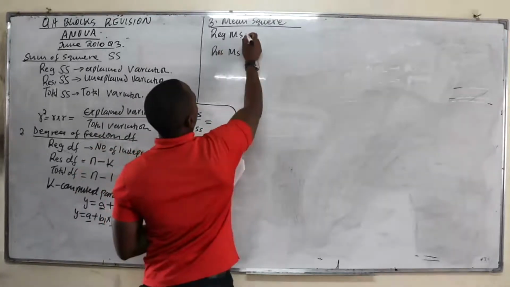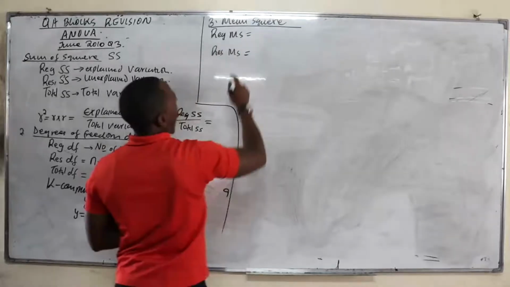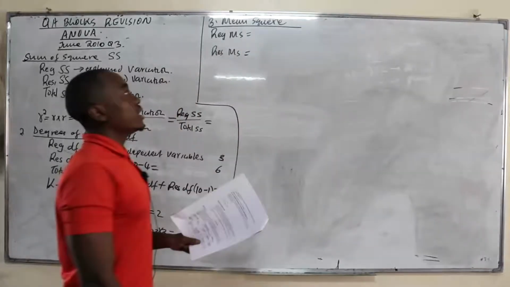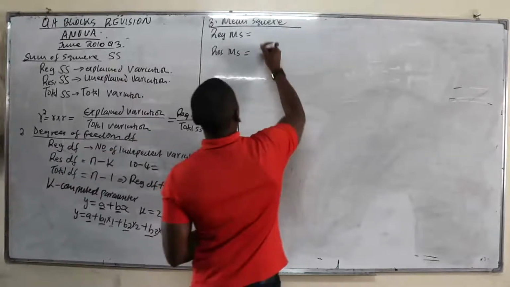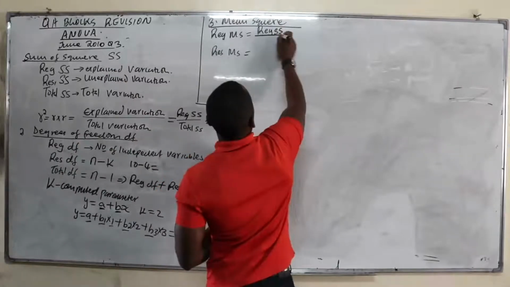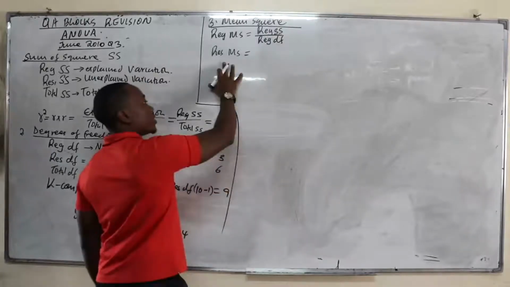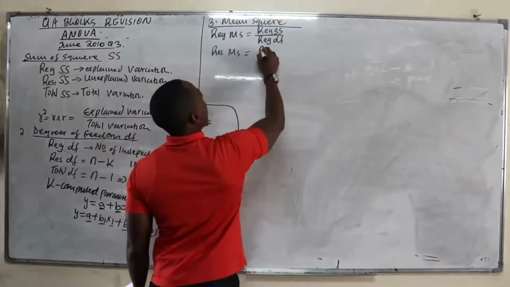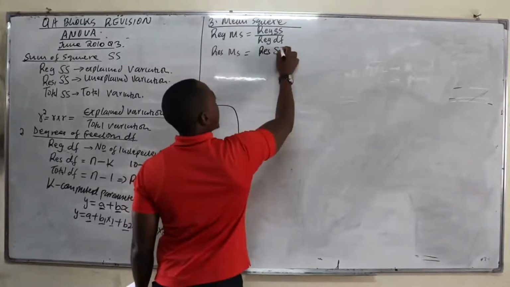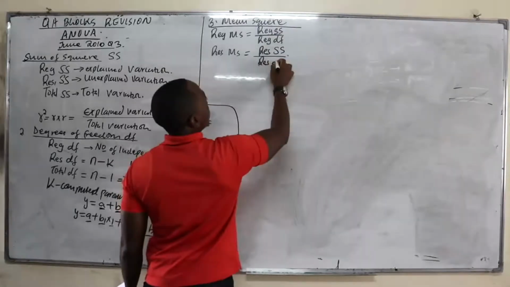Now let's be here. How do we get regression mean square? You take regression sum of square, you divide by regression degrees of freedom. How do we get residual mean square? You take residual sum of square, you divide by residual degrees of freedom.